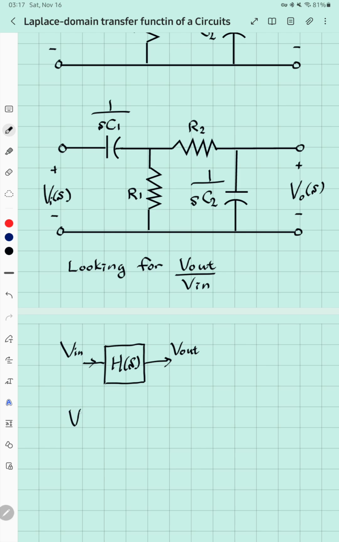You can write V in times H of s equals V out. Therefore, H of s equals V out over V in. Our s sometimes looks like a 5, so I put a little note there that it's an s rather than a 5.